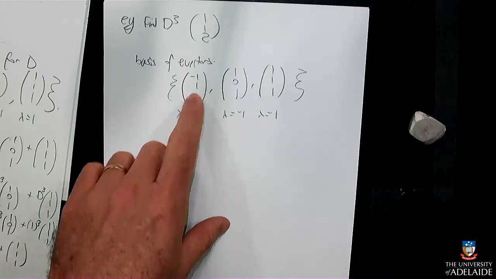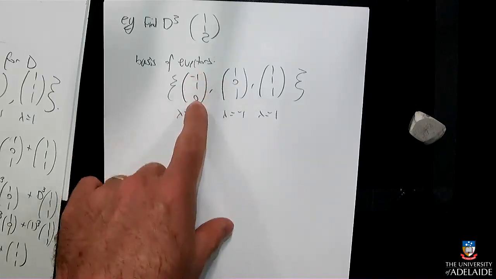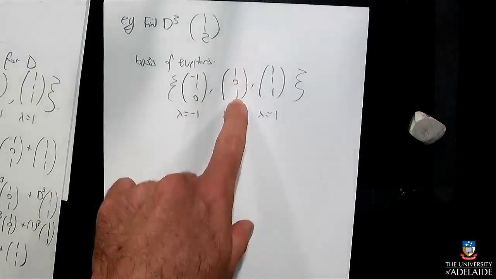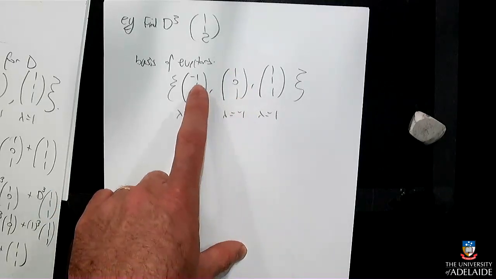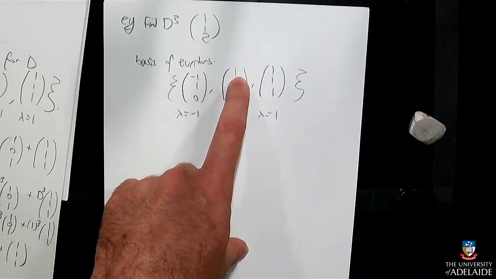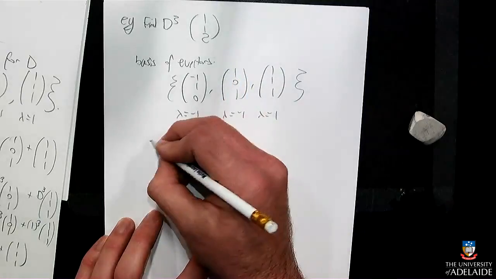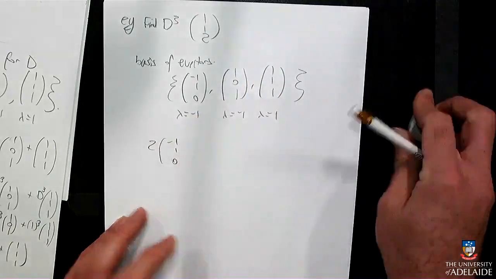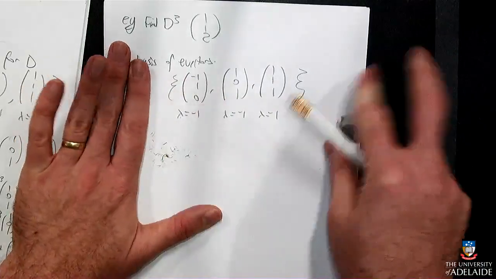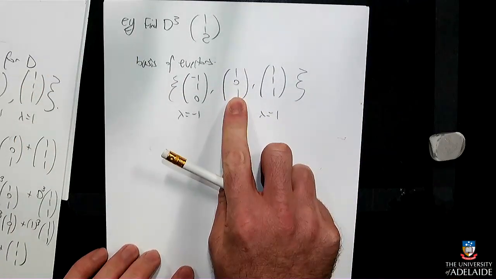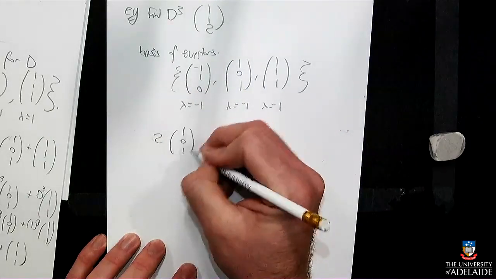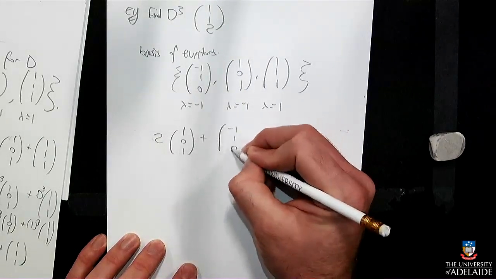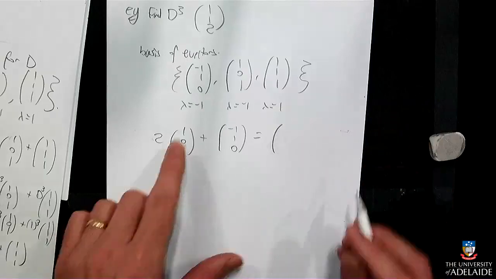This is exciting. So 2 of this plus 1 of this is minus 2 plus 1, which is negative 1. That's all right. Two of the middle one. Yep. Plus 1 of the first one is 2 minus 1, which is 1.